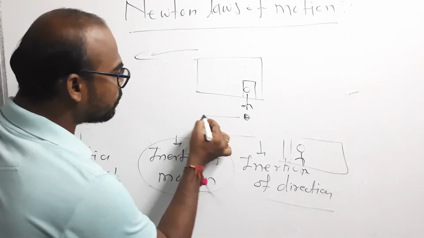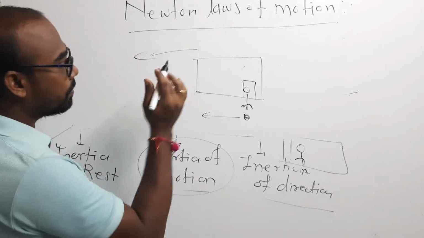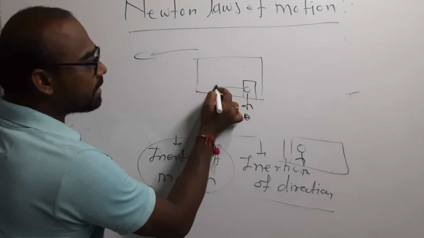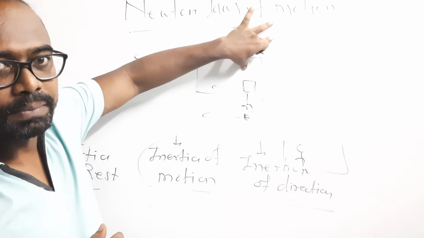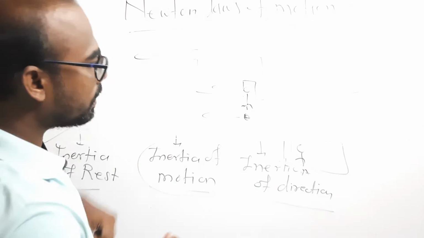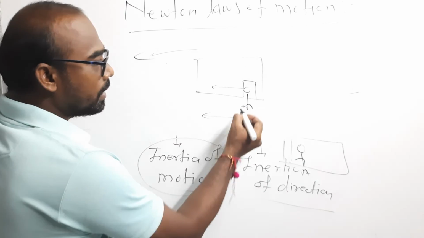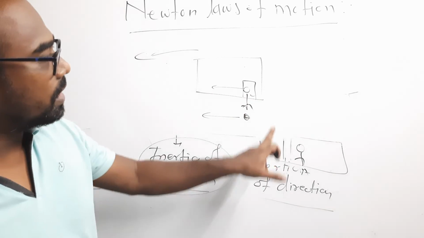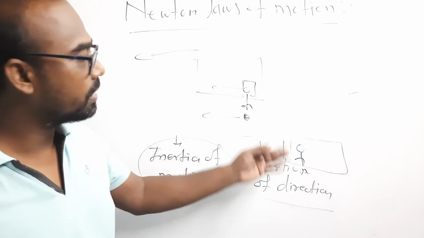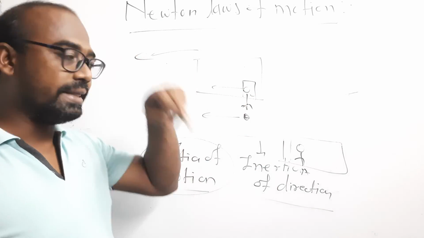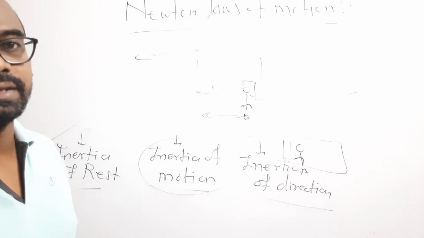Yes, he will move in the forward direction, right? Because the bus is moving in this direction and the person is also moving in this direction along with the bus, but suddenly he jumped from that running bus. What will happen? His inertia of direction is in the forward direction, and that is why he moves in the forward direction.